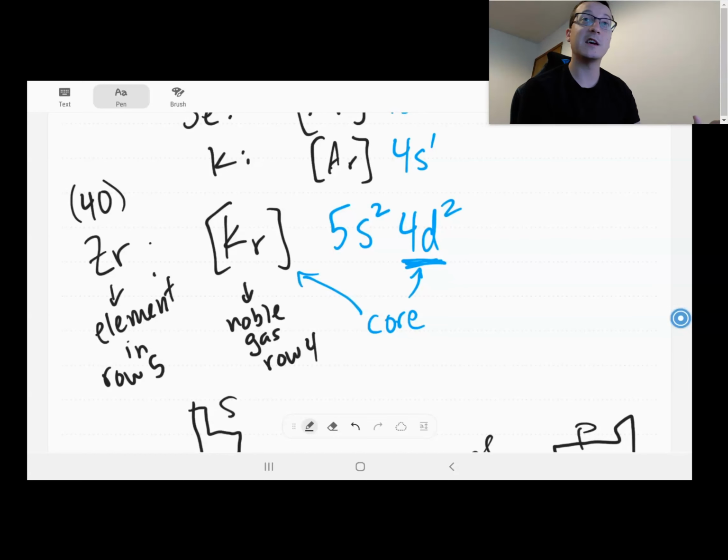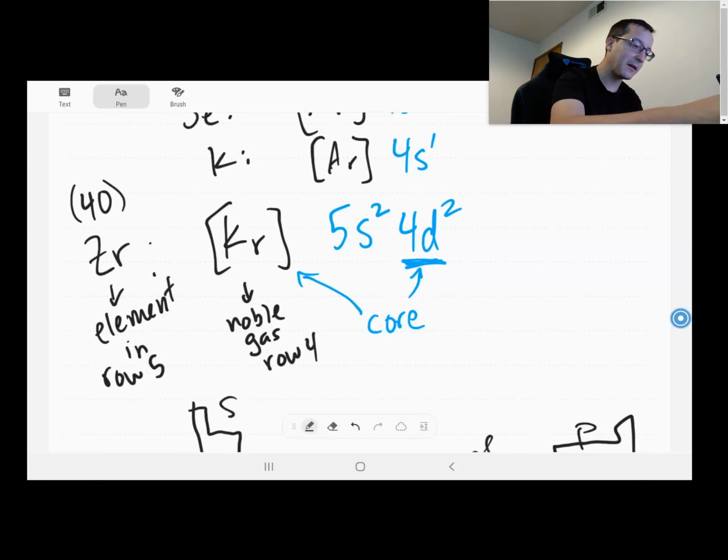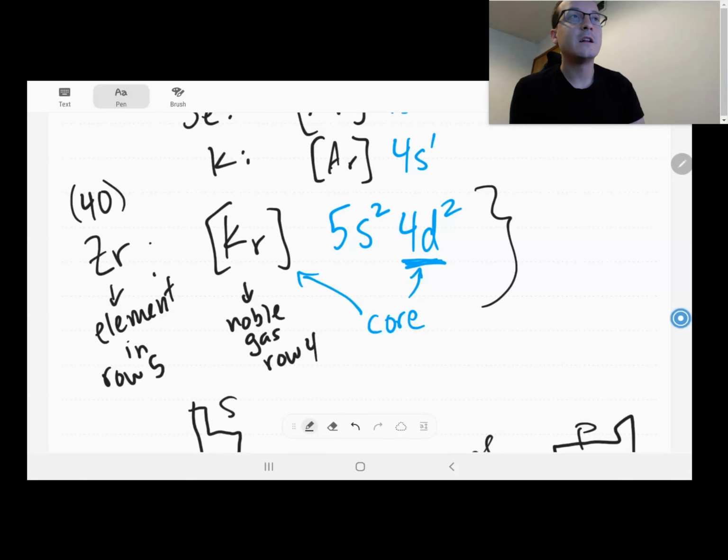So, zirconium was one of the ones we did. We saw that this was its electron configuration, right? I'm talking about this stuff. That's zirconium, which is one of our transition metals. We saw that it's going to have just 2 valence electrons, because remember that d electrons are always in the core.